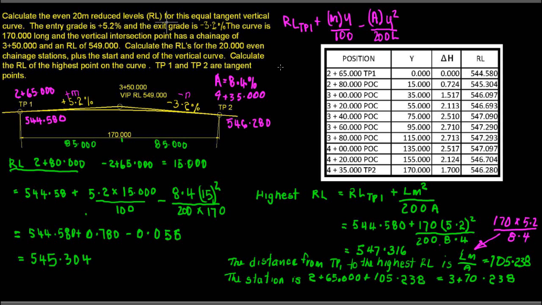So we just use the formula: 544.58 plus 5.2 times 15 over 100, minus 8.4, the grades there, which would be negative if it was a negative, in this case a positive quantity, times 15 squared over 200L, where L is 170.